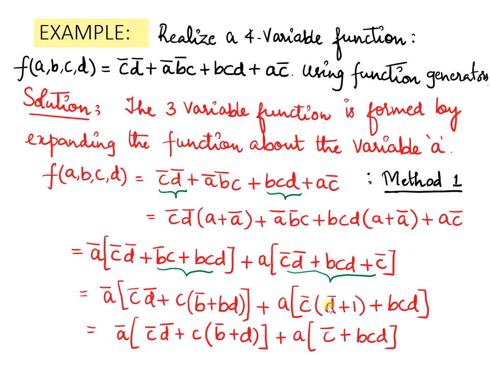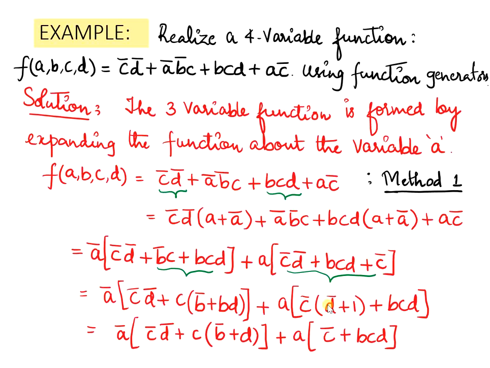Here is an example which says we need to realize a 4 variable function f of a, b, c, d, and the function is given in terms of an SOP expression. We need to realize this using a function generator, and in this case a 3 variable function. In order to do that, we need to decompose the function of variables a, b, c and d to form a function of 3 variables.